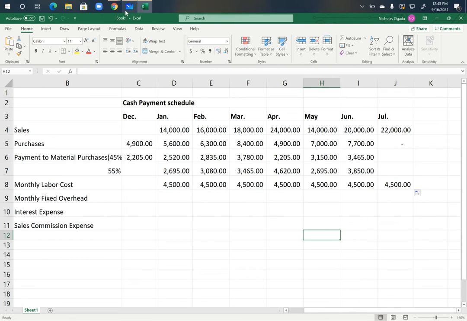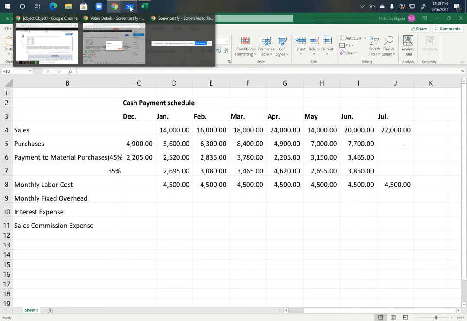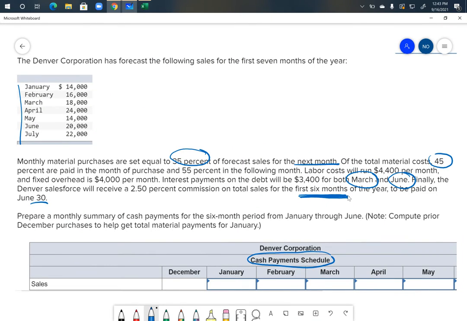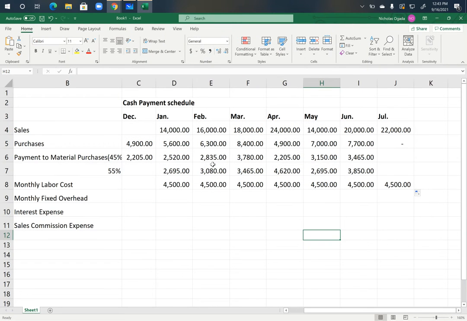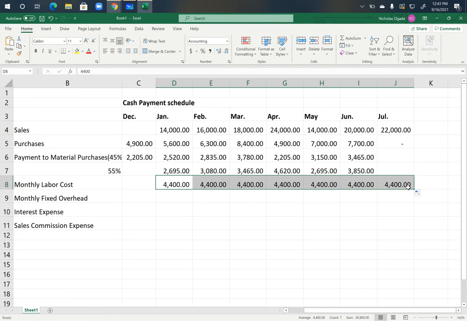Again, I just copy and duplicate everything, and every month is 4,500. The monthly overhead is given. No, it's 4,400. So it's 4,400, not 4,500. That is the labor cost. So it's 4,400, and I should copy that.